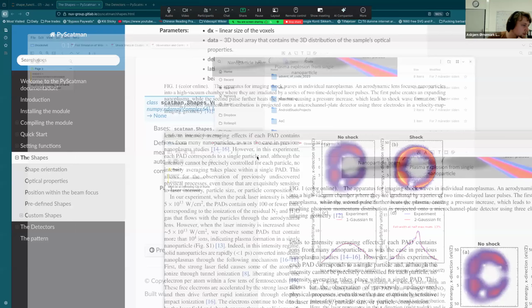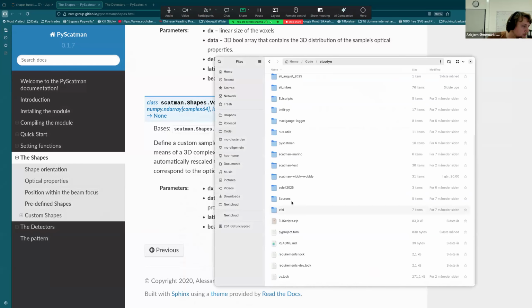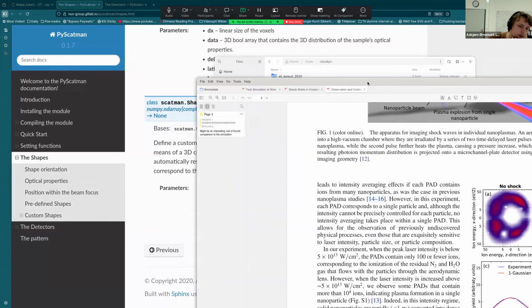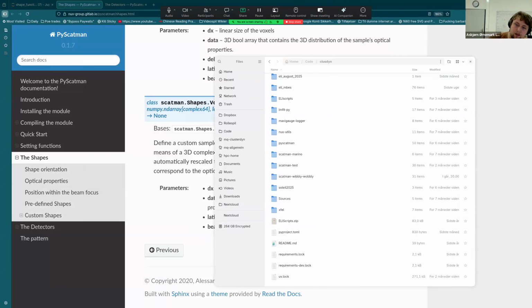One thing I have used it for is a proposal we sent off to XFEL. We wanted to do the same thing, but instead of doing it on BMI, we wanted to do it using coherent diffraction imaging.